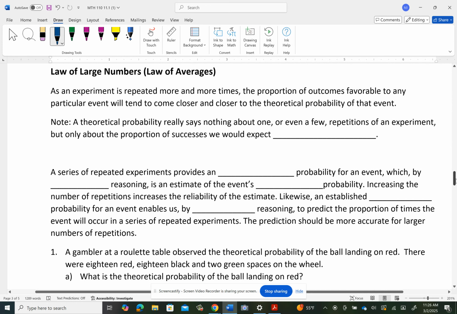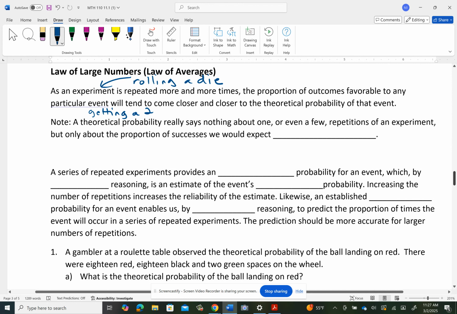All right, let me use something that has a good, clear theoretical probability. So rather than tossing a cup, think about rolling a die. If I roll a die a lot of times, the proportion of outcomes favorable to a particular event, like getting a 2. I'm going to do it a bunch of times, and then I'm going to look at the number of times the outcome was a 2.